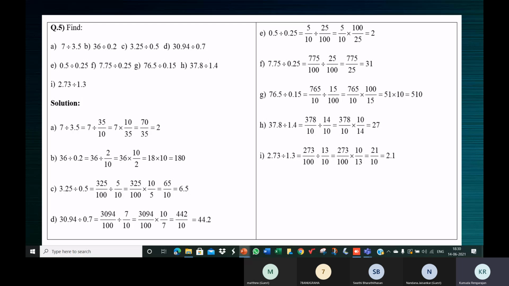Then there is 100 in the numerator and 100 in the denominator. They'll get cancelled. So 775 by 100 into 100 by 25, 100 and 100 will get cancelled. So 775 by 25, which is 31.